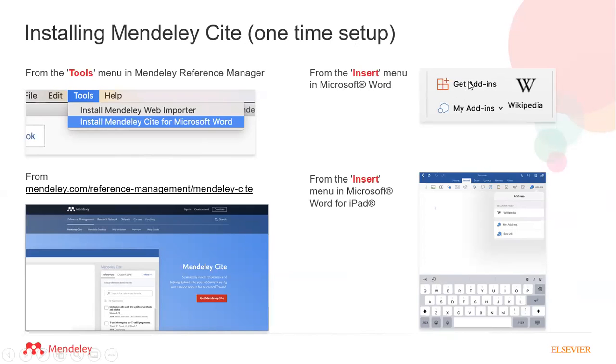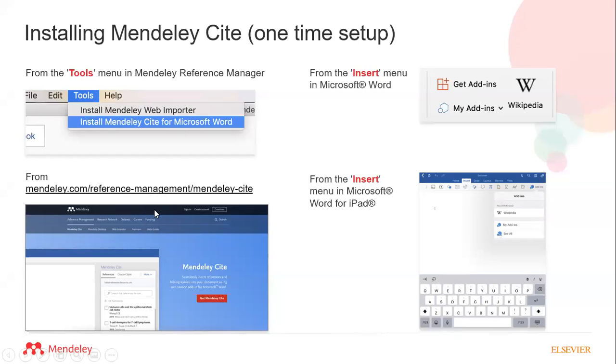You click Get Add-ins. There is a box for you to search. You just type in Mendeley, then you find the add-in, and you add the add-in to your Microsoft Word.